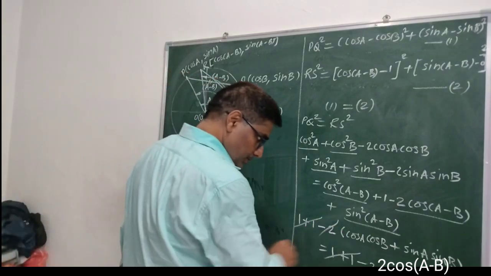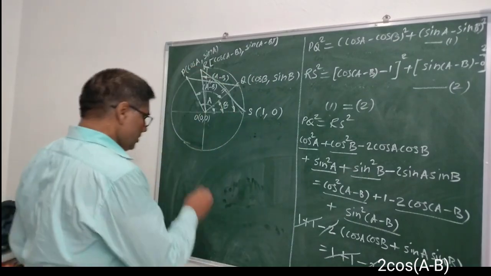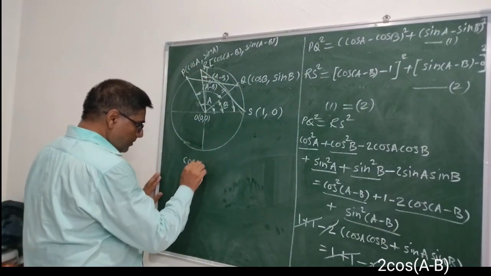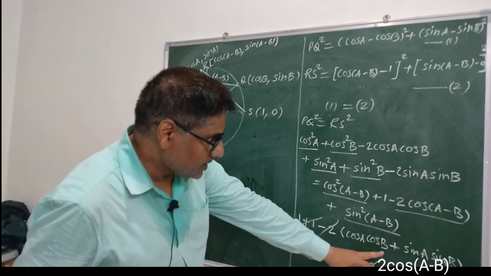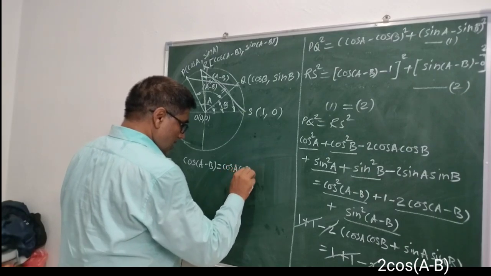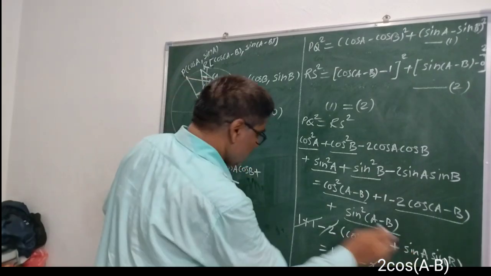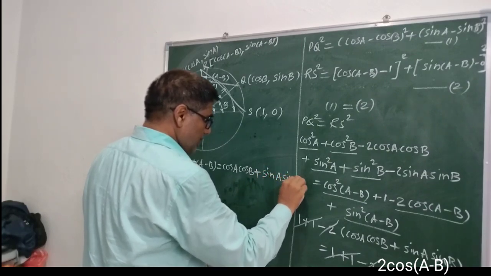Then minus 2, minus 2 also cancel. Finally, we get the formula for cos A minus B is equal to cos A cos B plus sin A sin B.